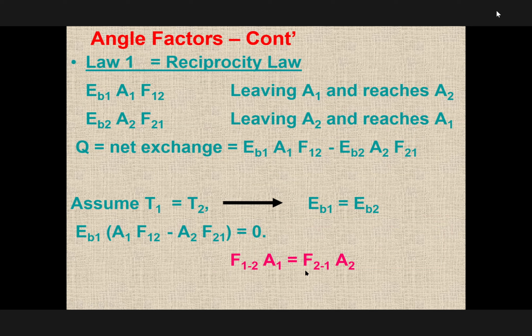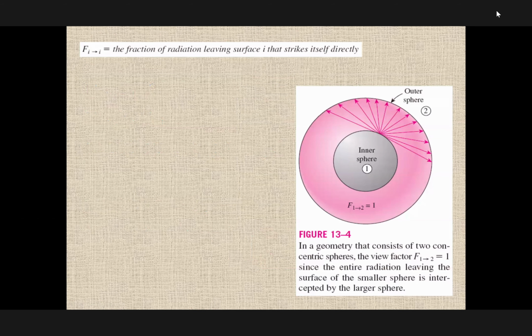Okay, let me go again. If you look at here, it's very difficult to calculate the shape factor of 2 to 1. But I know from the physics of the problem that whatever energy is emitted from surface 1 eventually reaches surface 2. Therefore, I can say all the energy that leaves surface 1 reaches surface 2.